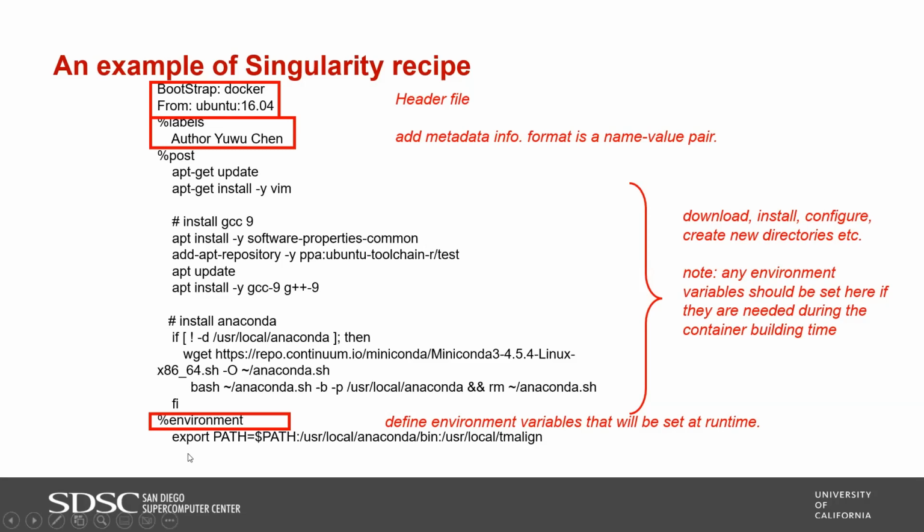And in this example, the last section is called environment. That's for you to define the environment variables that will be set at the container runtime. So you set some environment there. You can change the user environment of the container at its runtime.